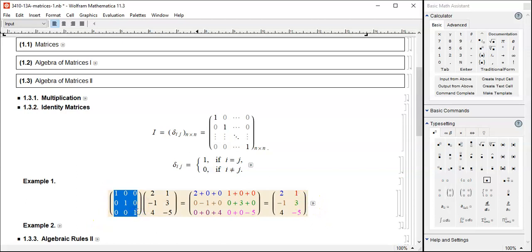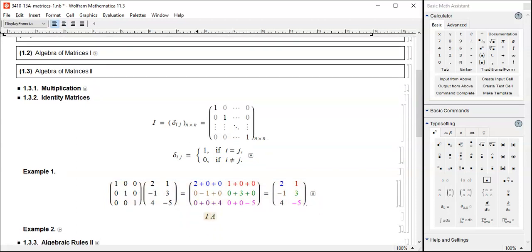This is I, the identity matrix. You see, we have ones in principal diagonal, the others are 0. Times a certain matrix is itself. And please check the computation here. So this matrix works exactly like multiplying by 1.